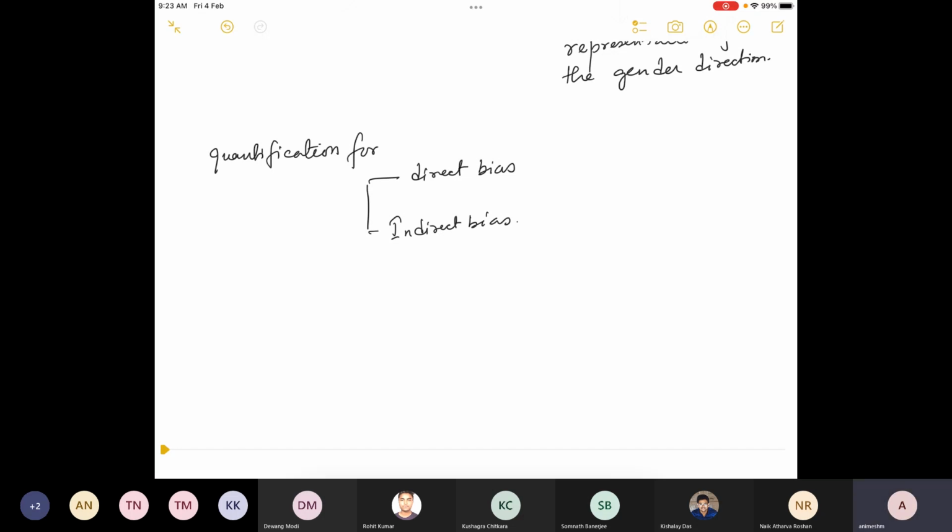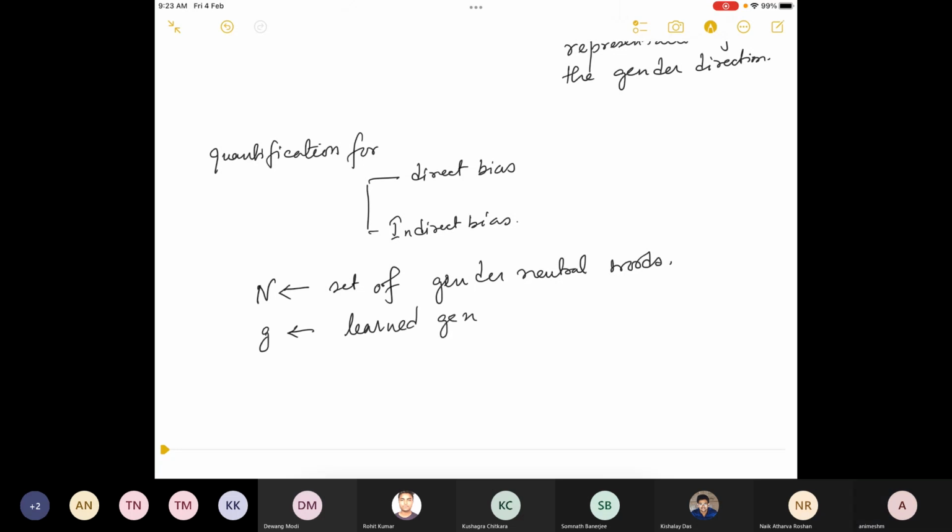So again, as earlier, let us assume that N is the set of gender neutral words, and we have at our disposal G, which is the learned gender direction.